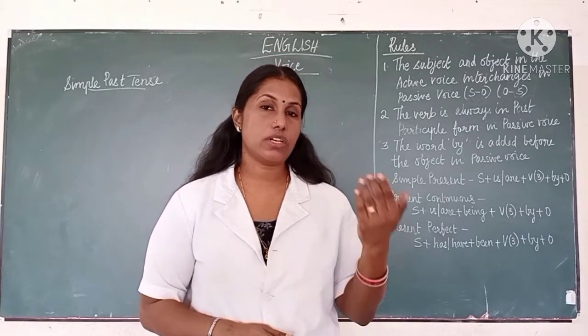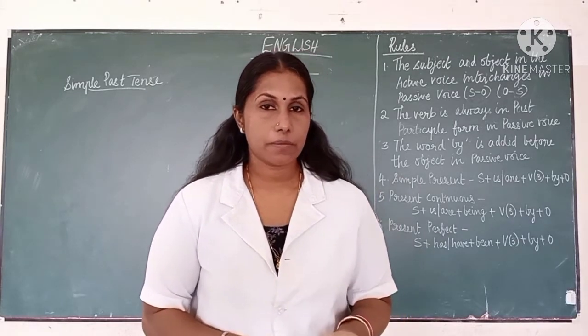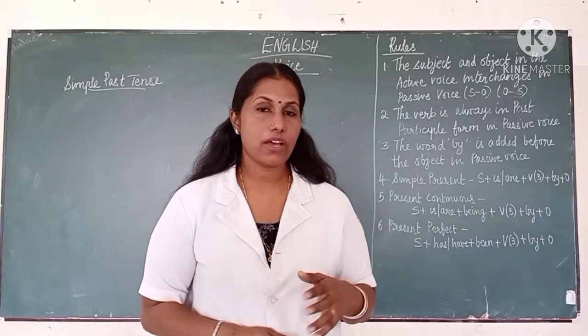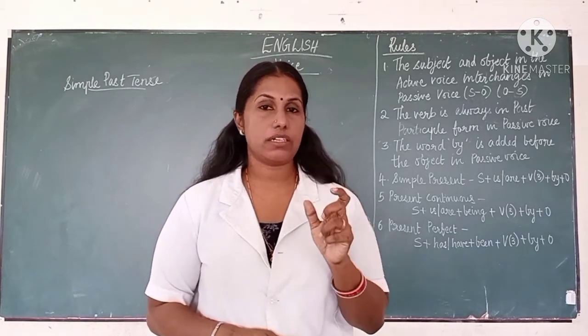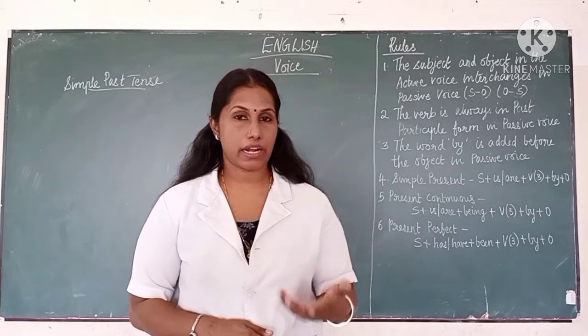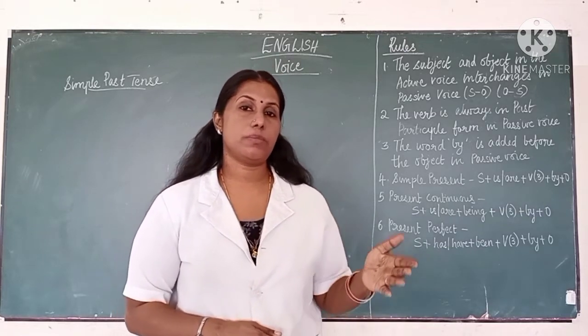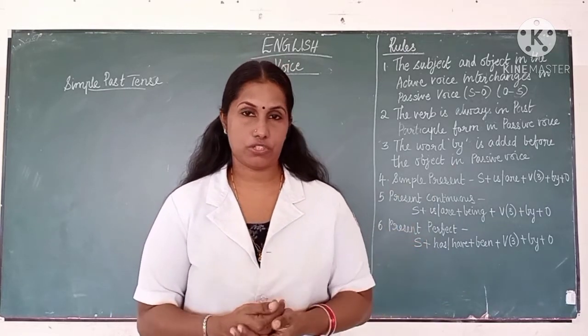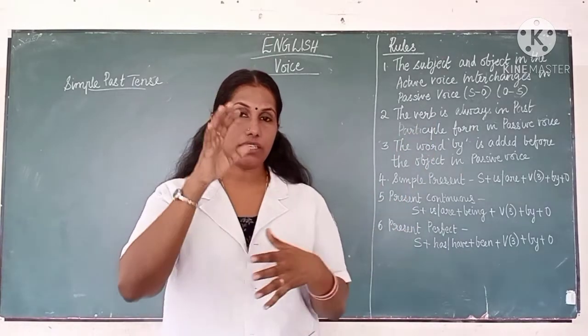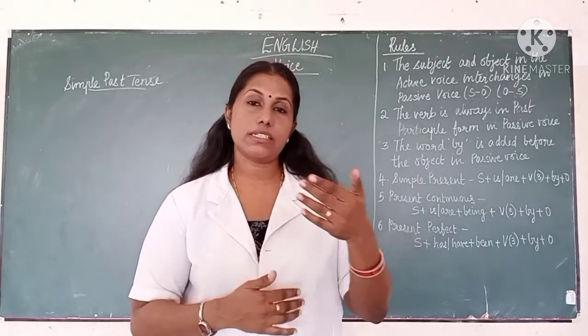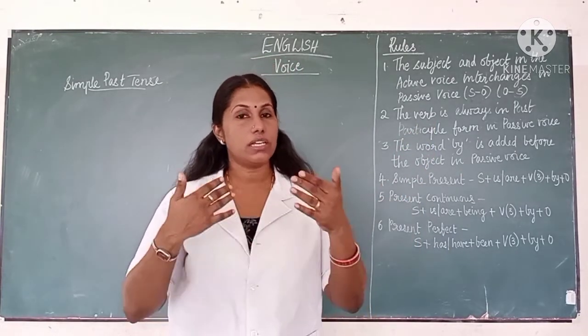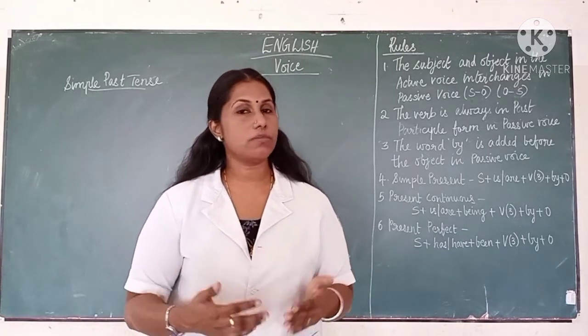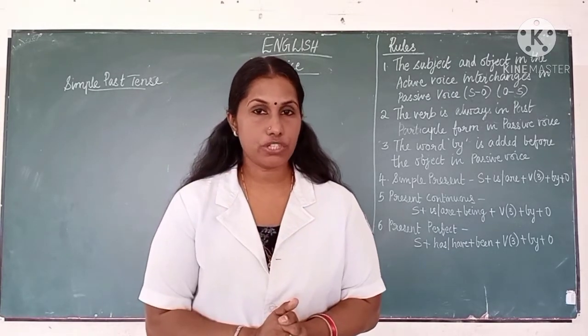If it is singular it is has, if it is plural it is have, and then that extra word being is added over there, plus verb in the third form and then object. So if you have studied these three forms, then it is easy for you to learn the past tense forms and the future tense forms.